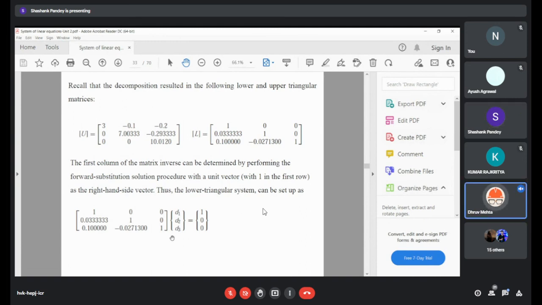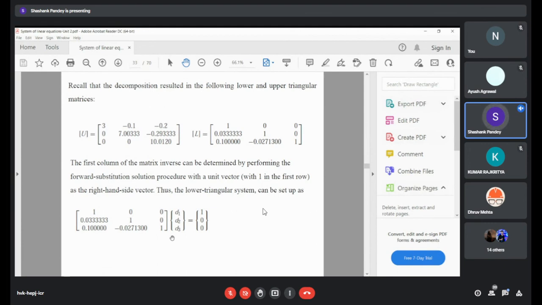Then multiplying U with x1, x2, x3 and the known right hand side, from there we will compute the values of x1, x2 and x3. This will give me the second column of the inverse matrix. In a similar manner, we will calculate the third column of the matrix. So we will get the inverse of matrix A.